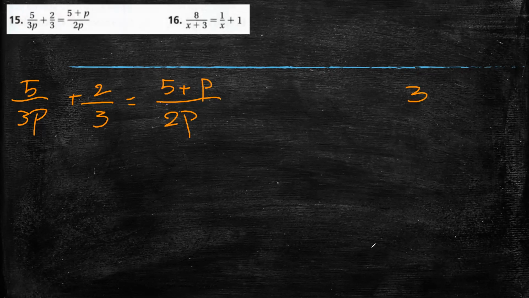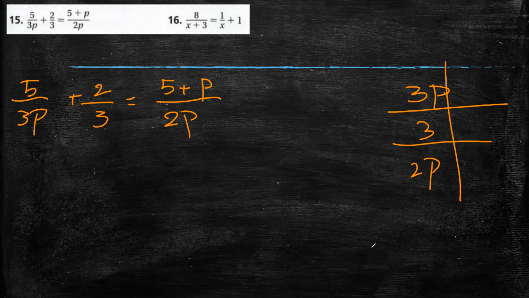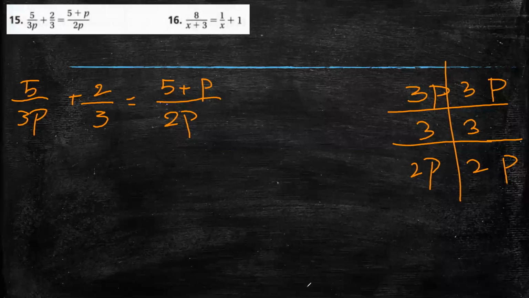So let's write here the denominators. Here we have 3p, here we have 3, and here we have 2p. Now, where are the repeated factors?